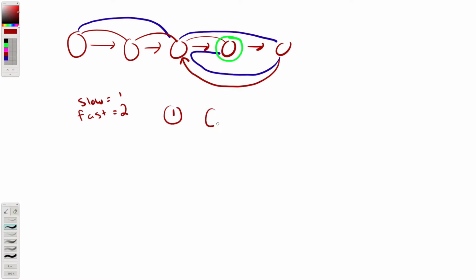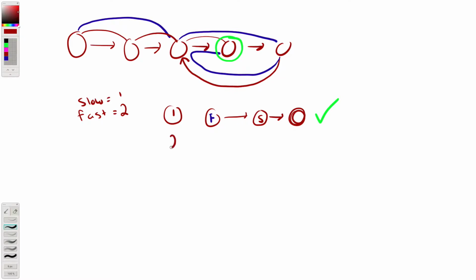Say the fast one is here, and the slow one is here. Then on the next iteration, they will meet here, right? So when fast is right behind slow at some point, it checks out that they'll meet with each other.